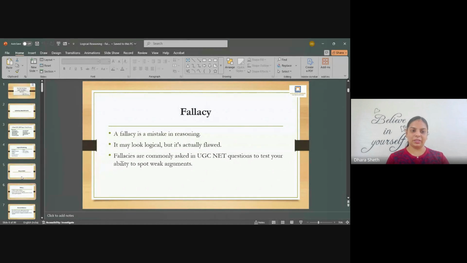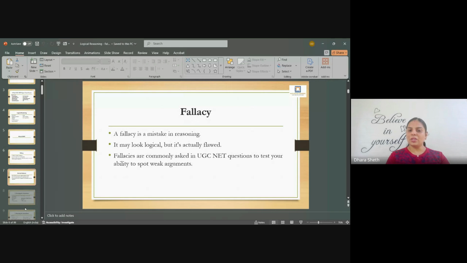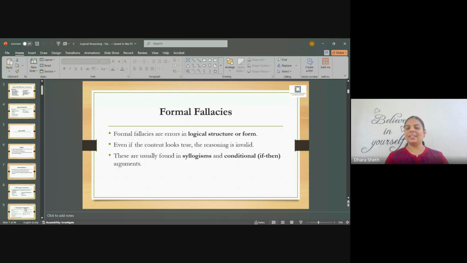So now let's start. There are two kinds of fallacies, formal fallacies and informal fallacies. Formal fallacies are errors in logical structure or form. Yesterday we learned rules of syllogism. Based on that, rules such as the middle term has to be distributed in one of the premises, the middle term has to be there in both premises, the middle term cannot be there in the conclusion, and then rules for if one premise is particular, then the conclusion has to be particular.